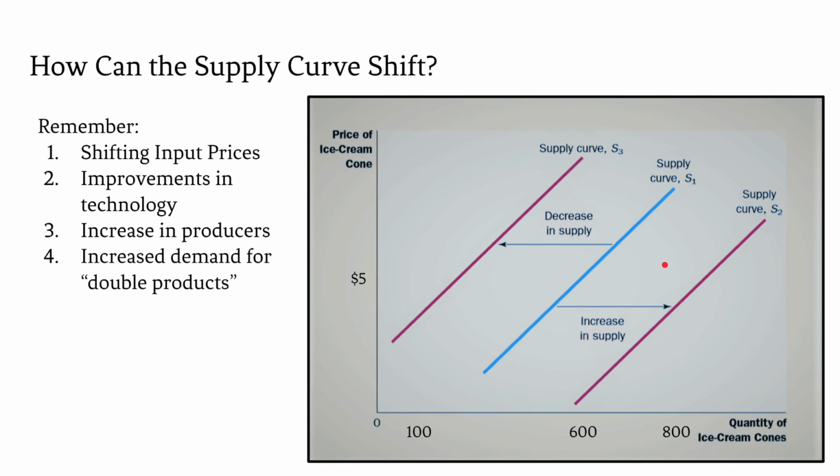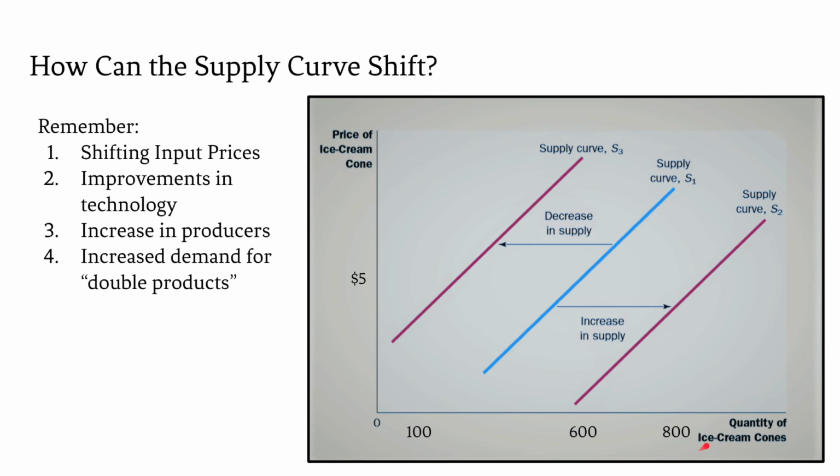Say that, for another example, there are huge strides and advances made in ice cream cone making machines. It suddenly becomes a lot cheaper and a lot easier to make ice cream cones. This will cause an overall increase in supply. Previously, for $5, about 600 ice cream cones were produced. Now, for $5, 800 ice cream cones can be produced because it's cheaper to produce each one.